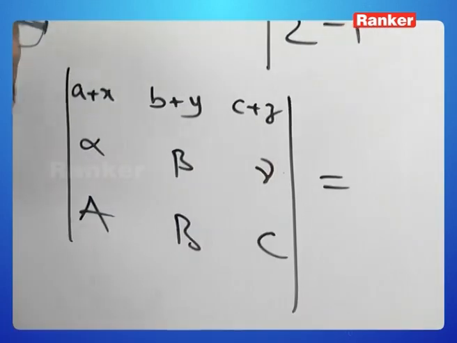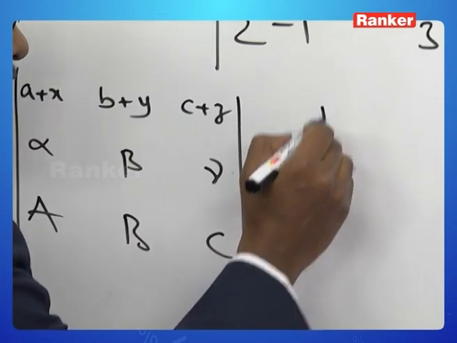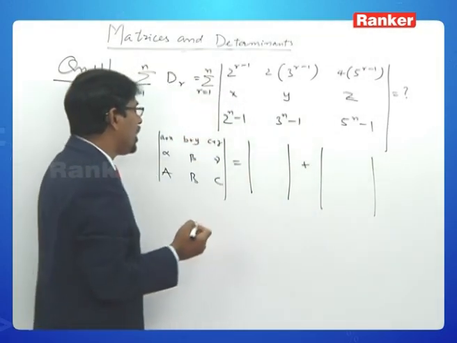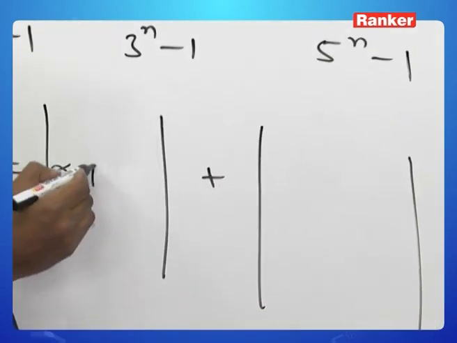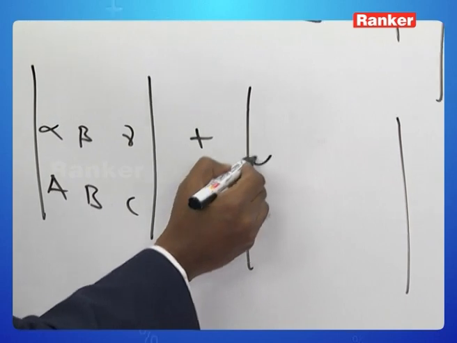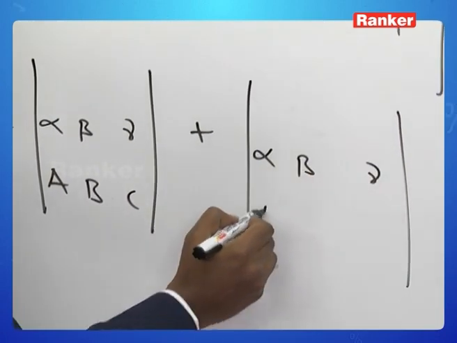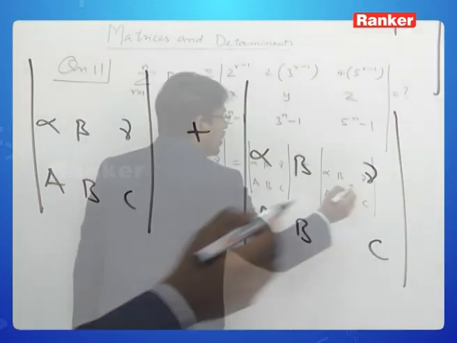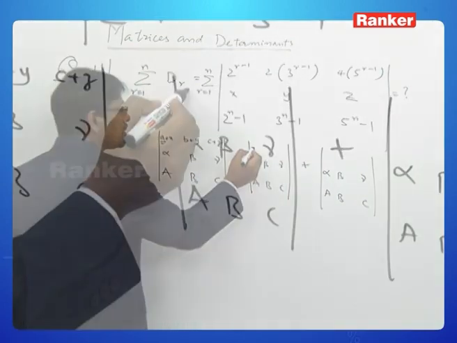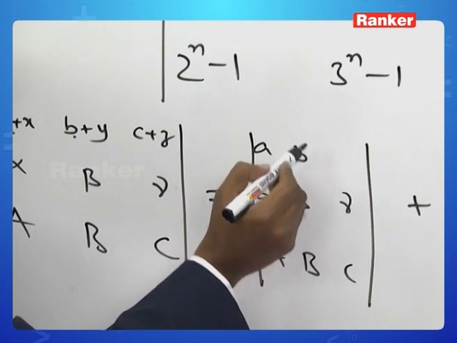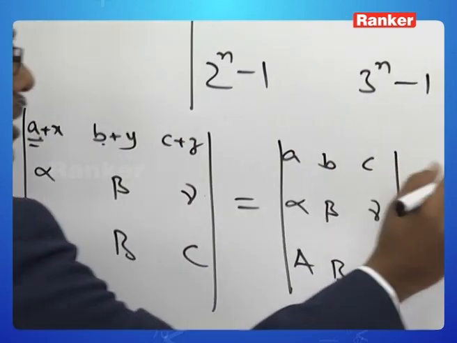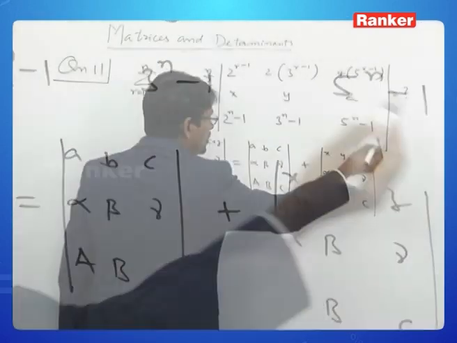We can split this determinant into two determinants by the first row. Keeping the other two rows as they are, alpha, beta, gamma, ABC, we will write in the first row, first A, then B and then C, and in the second determinant we're going to write X, Y, Z.